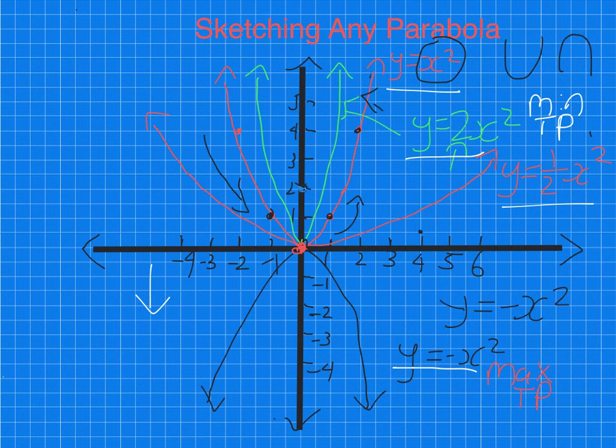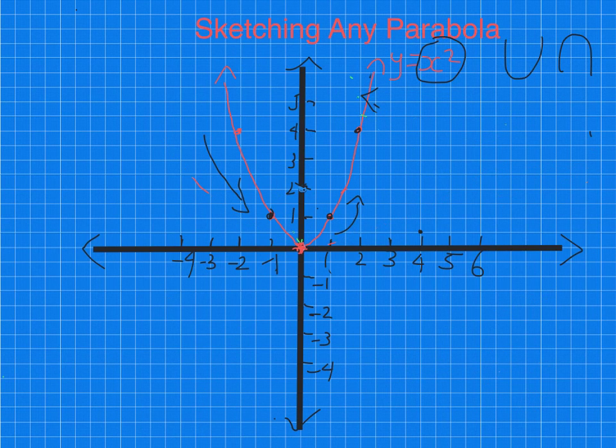Okay, I'll show you the last type of translation now. So I know from previous example that if I say have y equals x squared plus 3, that moves y equals x squared up 3. But if I put the 3 as part of the squared, it shifts it left or right.